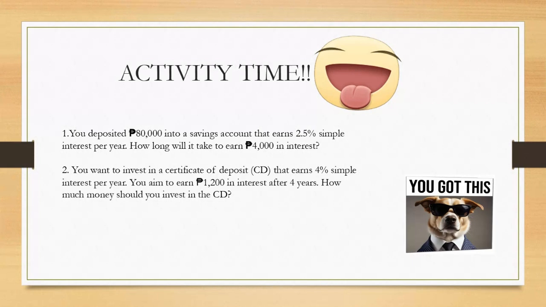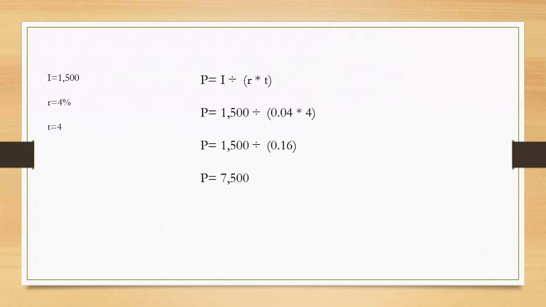Okay, let's see if your answer is correct. The givens are I, which is 1,500, R at 4%, and T at 4. Now we're gonna find the principal amount.